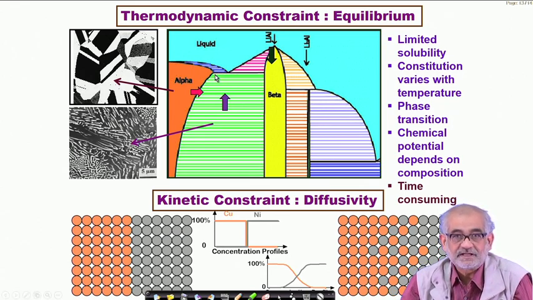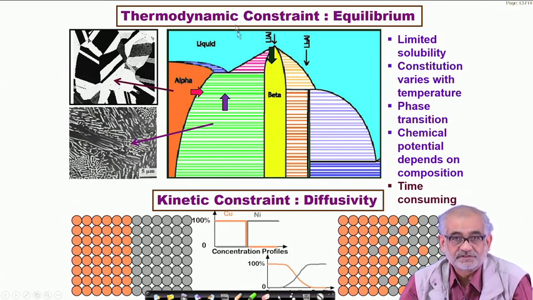So, this is the thermodynamic limit of dissolution of B in A, and this is important information because if you want, for whatever reasons, more B in A, then thermodynamics comes in the way.